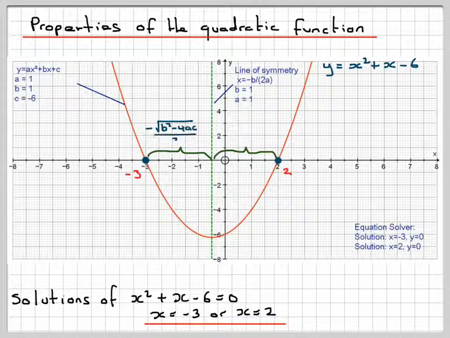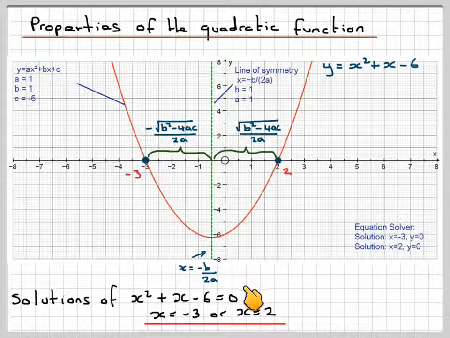Now this distance is given by the square root of b squared minus 4ac over 2a. You might remember the quadratic formula. That's the line of symmetry, which is x equals minus b over 2a.